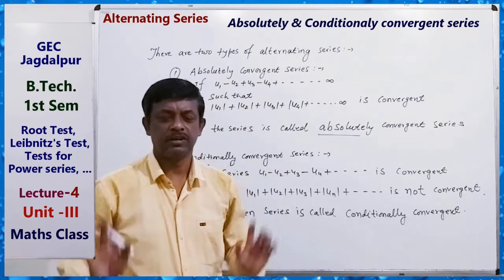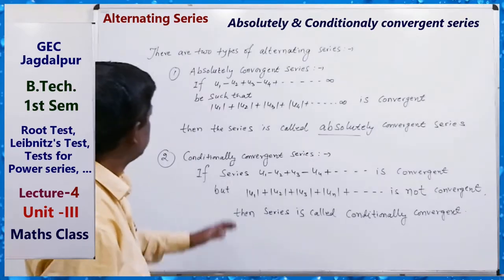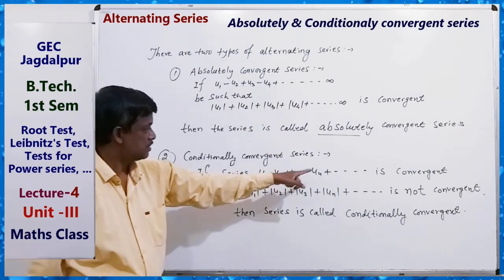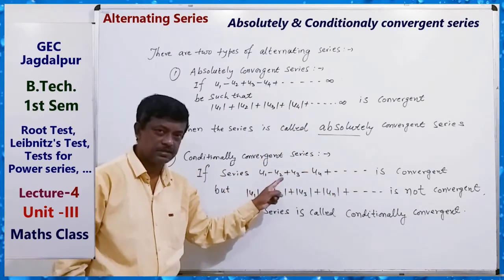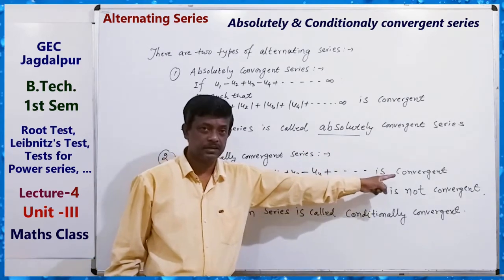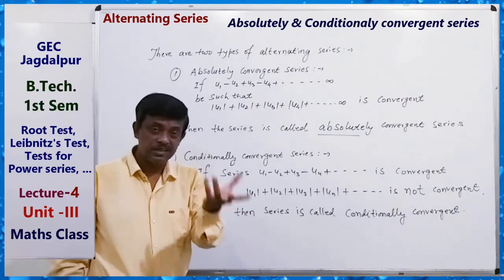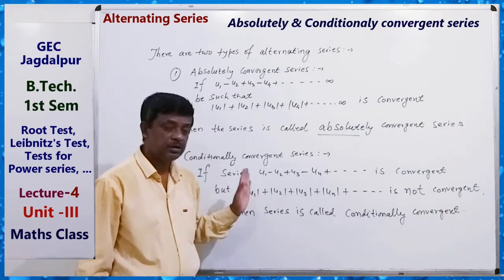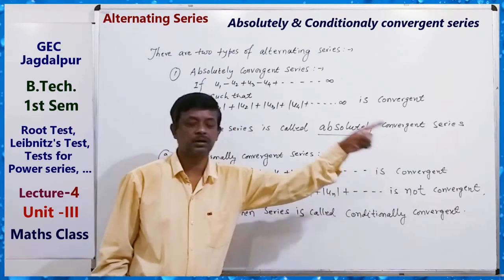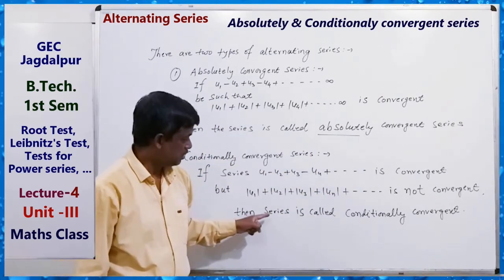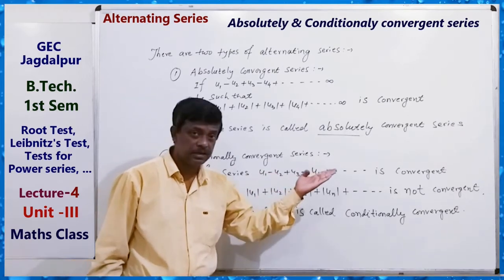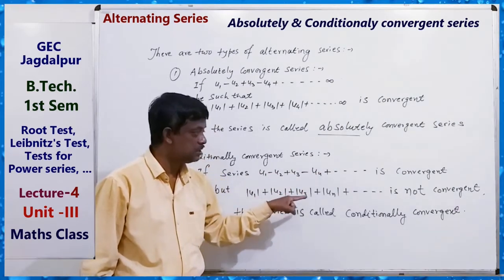So it is very clear that for an alternating series, if this series is convergent but its series of absolute values of its terms is not convergent, then this series is conditionally convergent. It means the series itself is convergent, but the absolute series is not convergent.